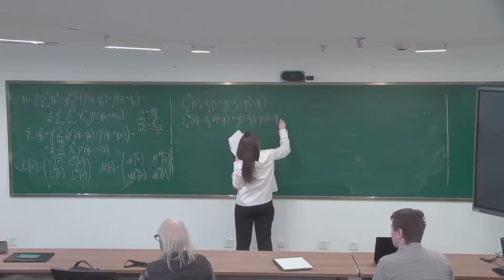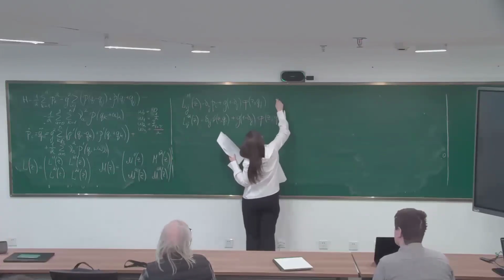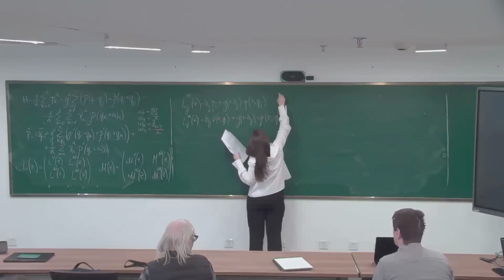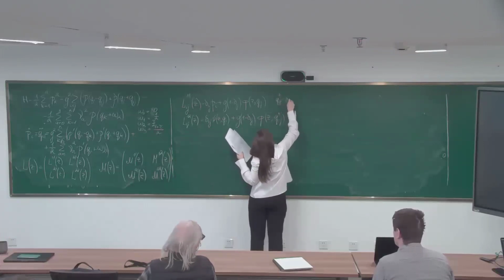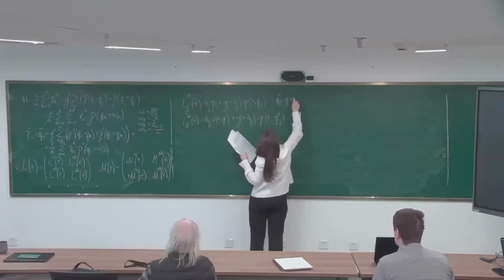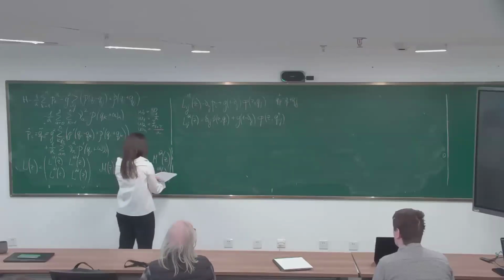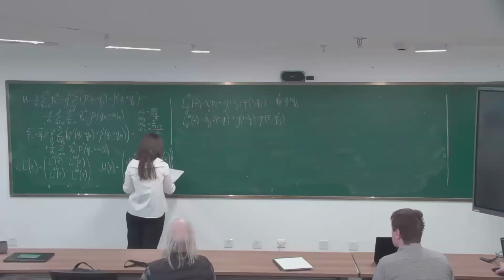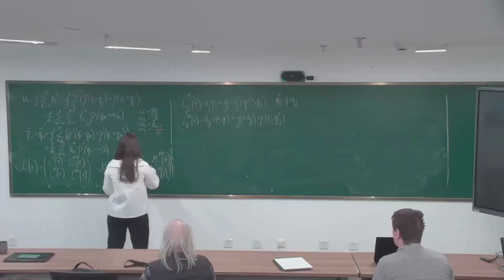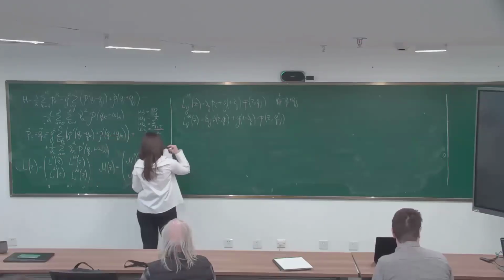Here we have these short notations. The plus and minus mean the sum and difference of Qi and Qj. And these blocks have symmetry and anti-symmetry properties.